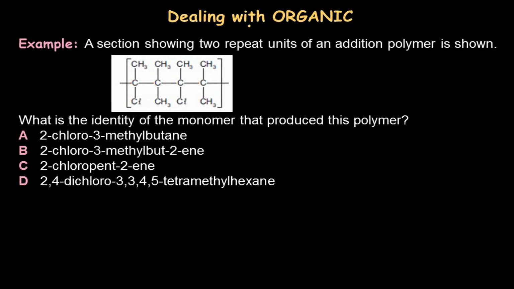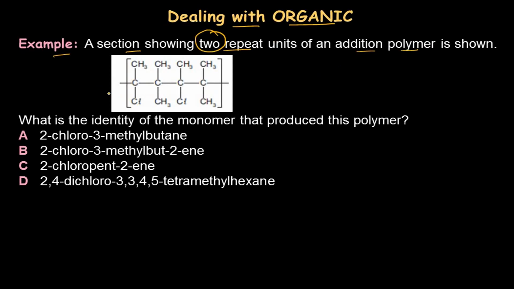Now let's see how to deal with organic questions. The organic part of chemistry has lots of structures, so let's learn with the help of an example what we need to take care of when solving organic questions. The first example says: a section showing 2 repeat units of an addition polymer is shown. So we have 2 repeat units here.